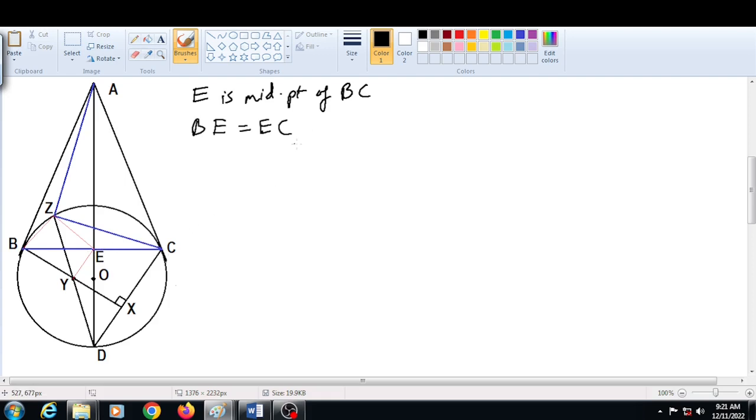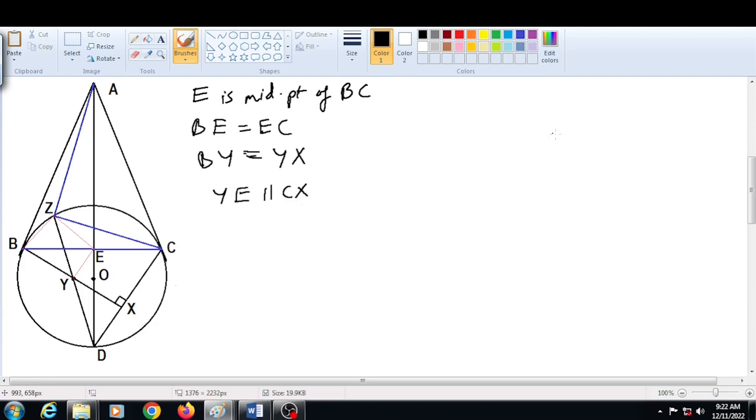Further, Y is the midpoint of BX, which is given in the problem statement. So I write BY is equal to YX. Now since BE is equal to EC and BY is equal to YX, we have YE parallel to CX.